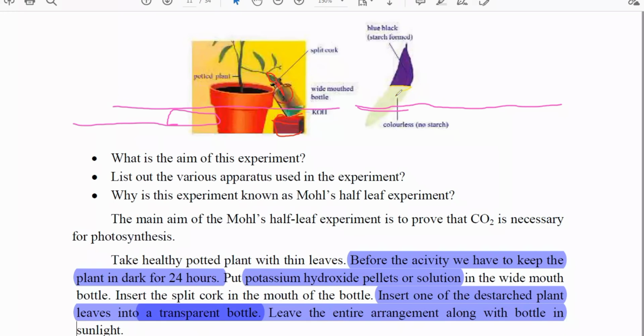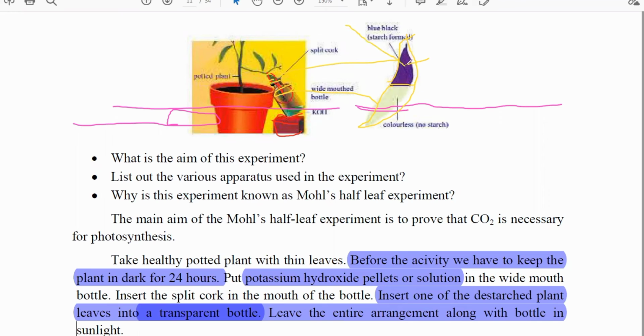This is the outside of the bottle, and this is the part inside the bottle. The portion of the leaf which is outside the bottle, when we add the iodine solution, turns into blue black color. Why?